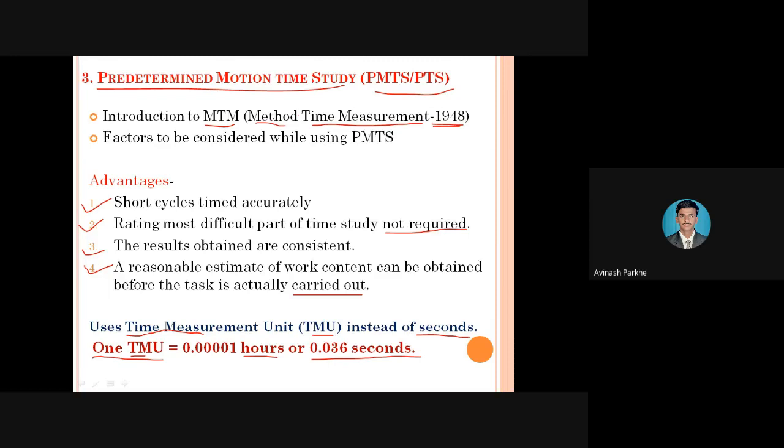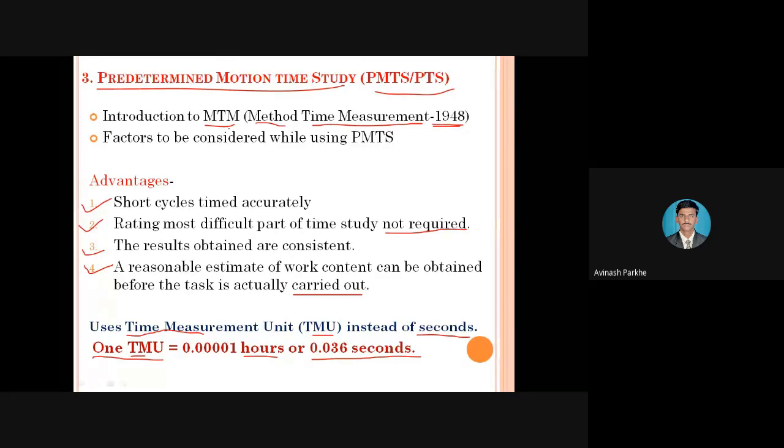MTM means method time measurement, which was developed in 1948, and this PMTS is one of the applications of this MTM, where in advance I am deciding the time for whatever motions are taking place. For example, operator number 1 is moving from one station to the second, second to third, third to fourth.